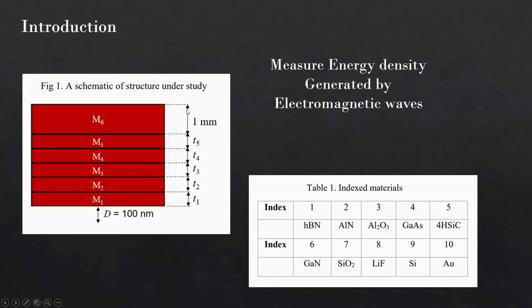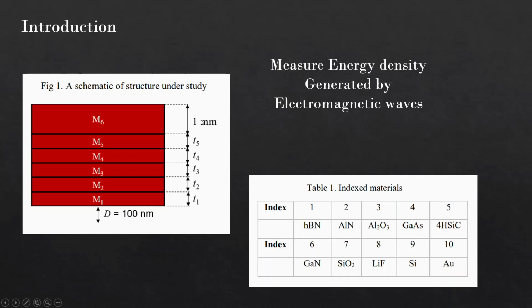We want to give the model the structural features, and the model predicts for us the spectral energy density. We will see a training sample in the next slide, and we will explain that.